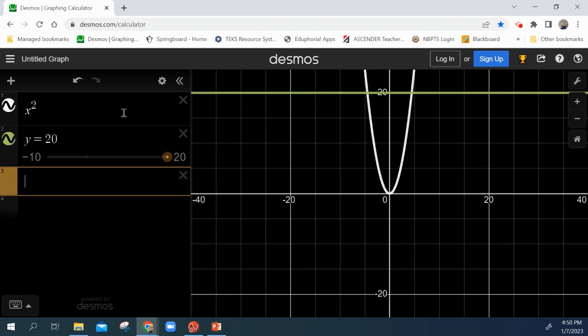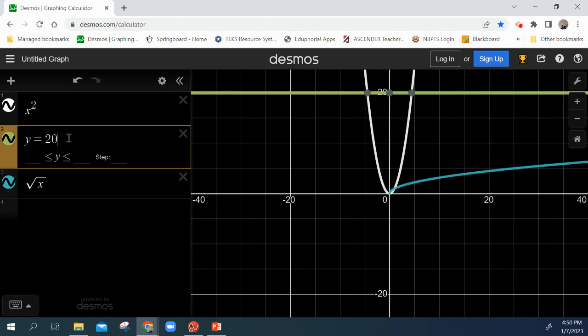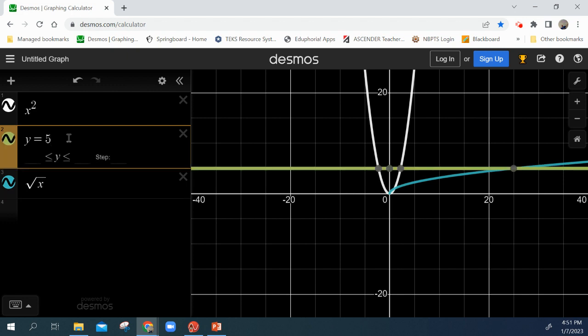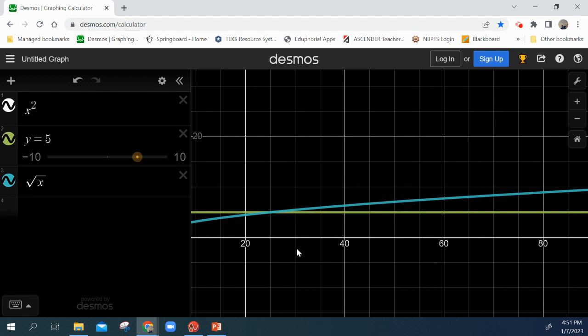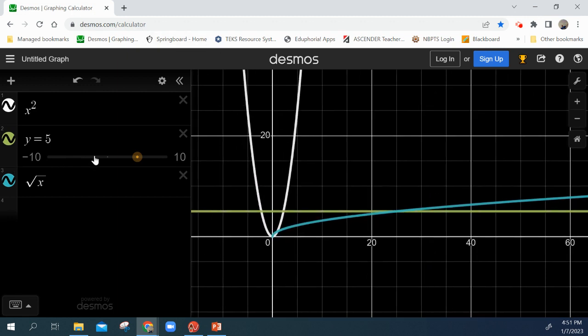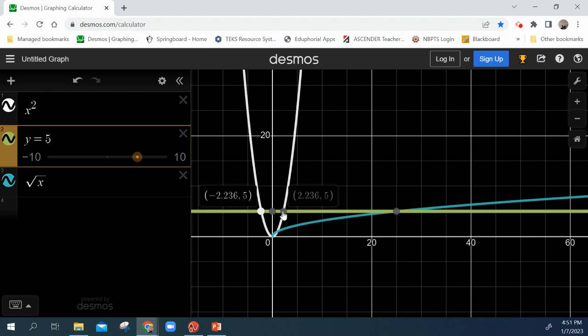Whereas if I say square root of x instead, and I take this y equals line, and let's say I put it through y equals 5, it touches only precisely that one time. It'll never touch it again. Okay? Not the case here for the parabola, y equals x squared.